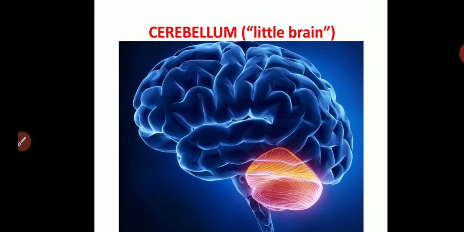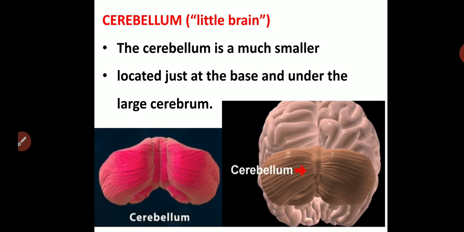Now this also has two lobes, as you can see in this diagram. Those are called the cerebellar hemispheres. Its surface is marked by a large number of transverse fissures. That is, it does not have convolutions, but it has a branching tree-like structure. It looks like the branches of a tree, and it gives it a laminated appearance.